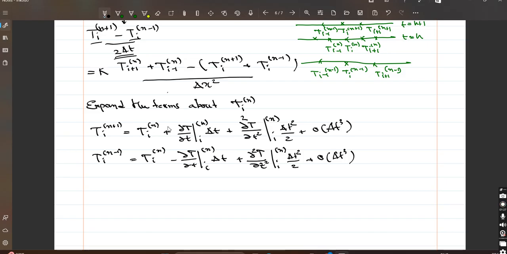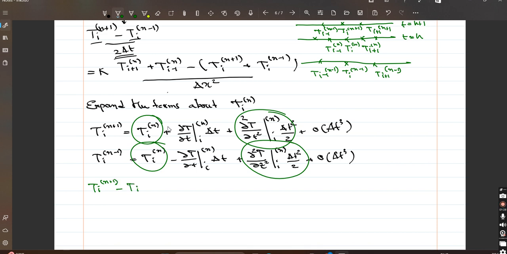If we subtract these two terms, this one and this one will get cancelled, this one and this one will again get cancelled, and this will get added up. So T_i^(n+1) minus T_i^(n-1) by 2 delta t will become the partial derivative of T with respect to t at i at time n, plus 2 delta t, and then we'll divide it by 2 delta t.